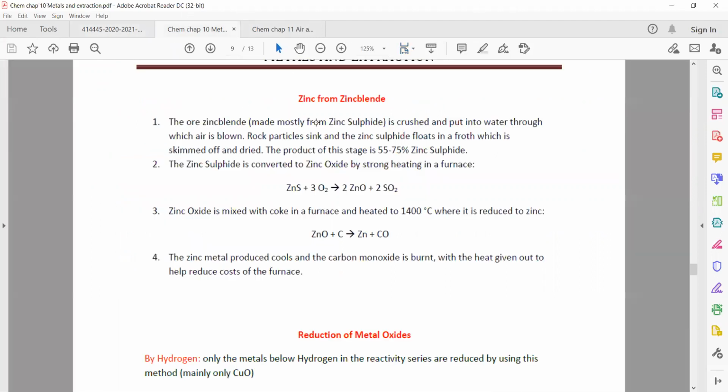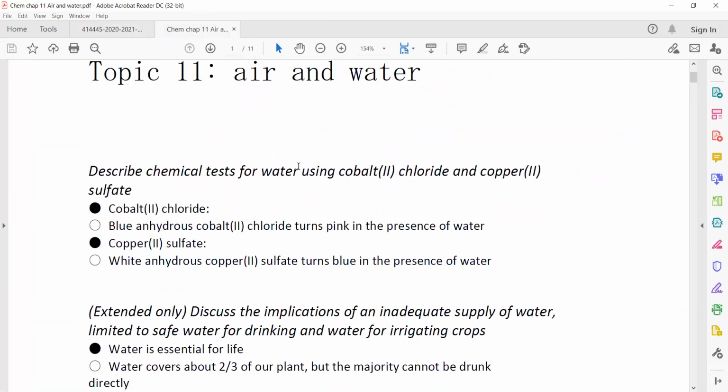So what is a chemical test to check the presence of water? When we add cobalt(II) chloride, you should use the term anhydrous. Cobalt chloride will turn from blue to pink, and copper sulfate will turn from white to blue.